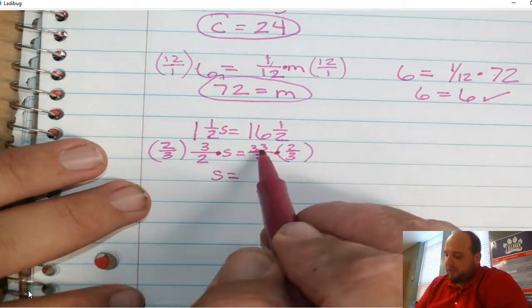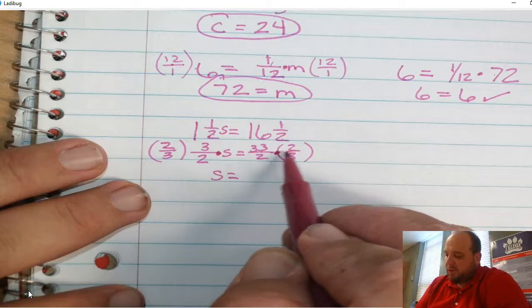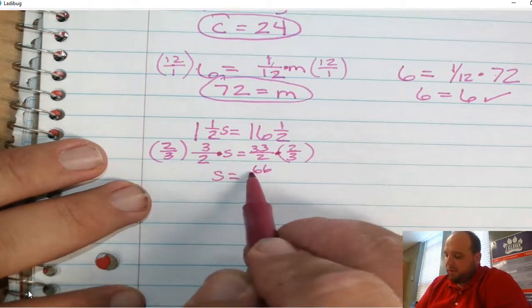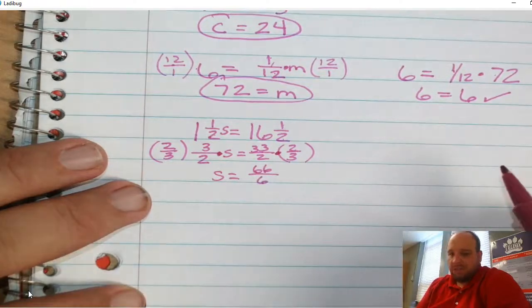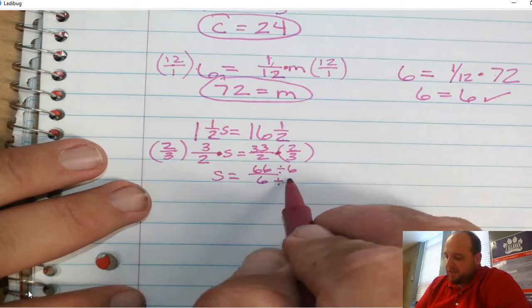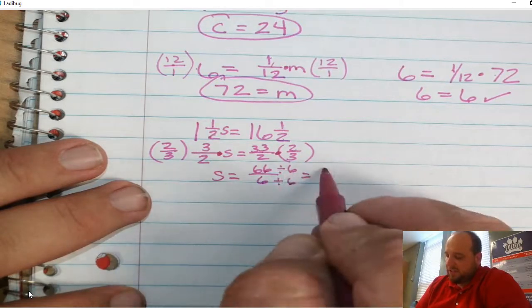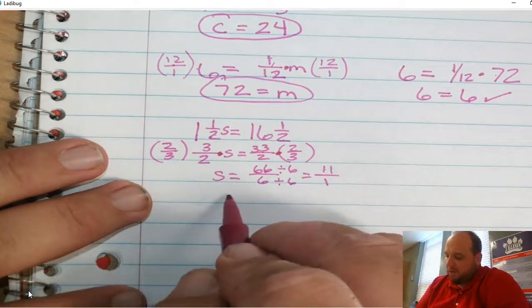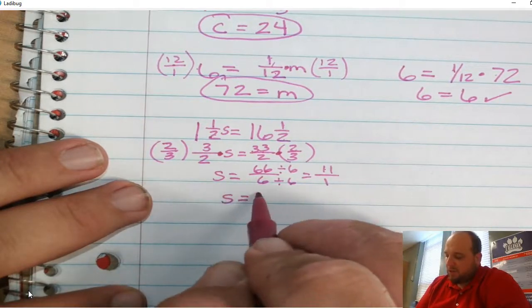Otherwise, you'll multiply 33 over 2 times 2 over 3. 33 times 2 is 66, and 2 times 3 is 6. So I end up with 66 over 6, which I simplify by dividing both by 6. 66 divided by 6 is 11, and 6 divided by 6 is 1. So 11 over 1. I get an answer of s is equal to 11.